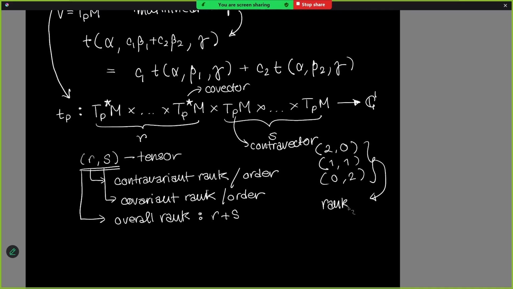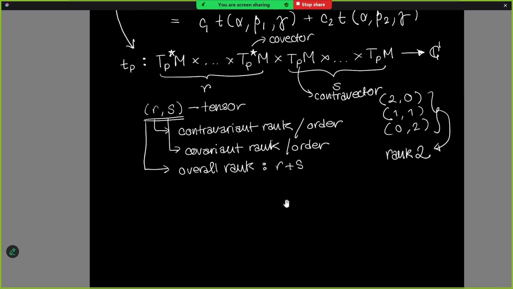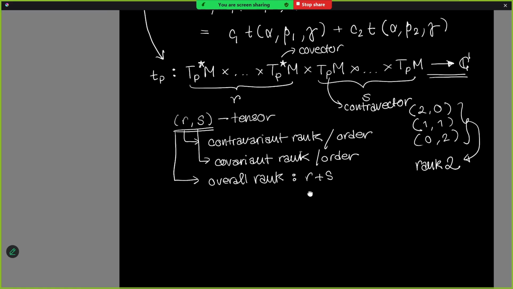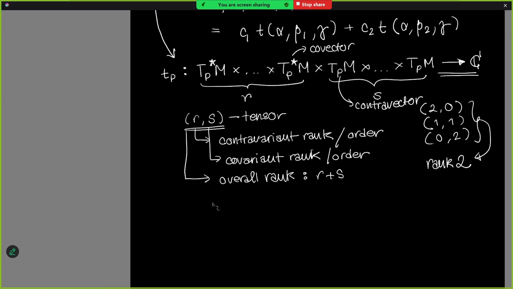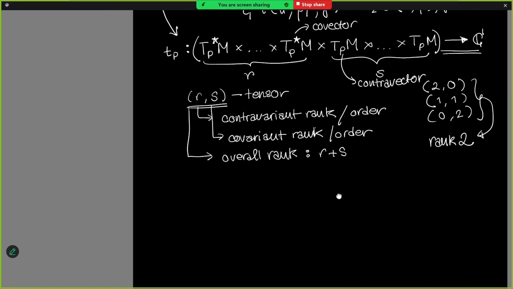Rank 2 tensors. So before we continue, I think it'd be a good idea to talk about what exactly this going to C means. Something you'll hear a lot informally in describing tensors is that tensors are maps that eat vectors and covectors. And you can see that here. These input covectors and vectors are what the tensor eats.